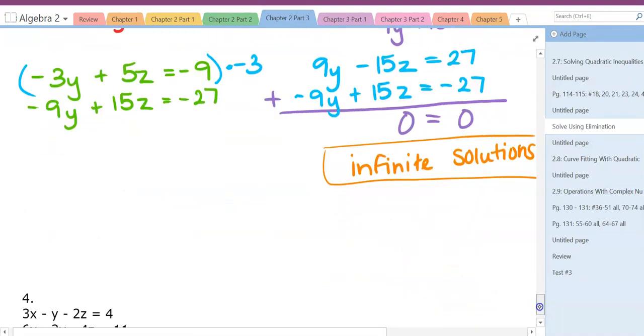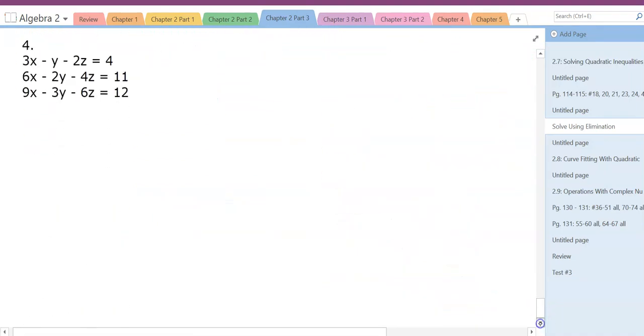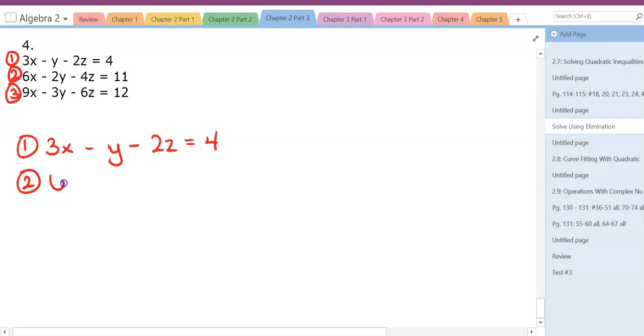The other case is a no solution situation. So on the last page here, again, I'm going to start by labeling these 1, 2, 3. I'm looking at my y's for this one. If I put 1 and 2 together, so 3x minus y minus 2z equals 4, and 6x minus 2y minus 4z equals 11.